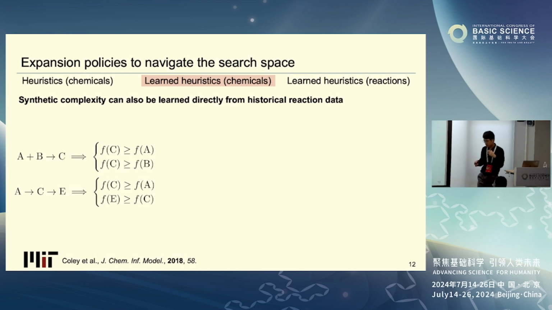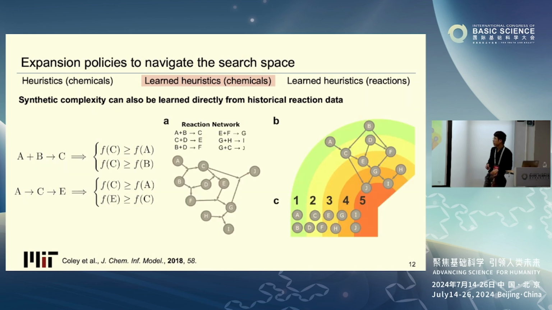Then we can train a machine learning model, a ranking model, that tries to separate the reactants and product, making sure the product receives a higher score than the reactants. By training a model like this, you can separate all the chemicals based on the reactions between them to get a more synthetically meaningful complexity score.